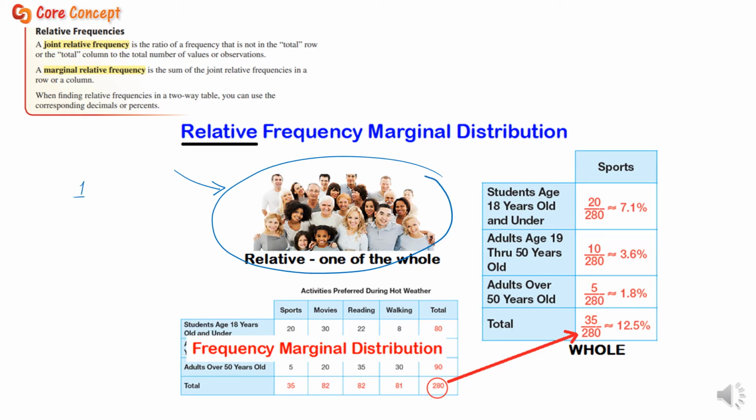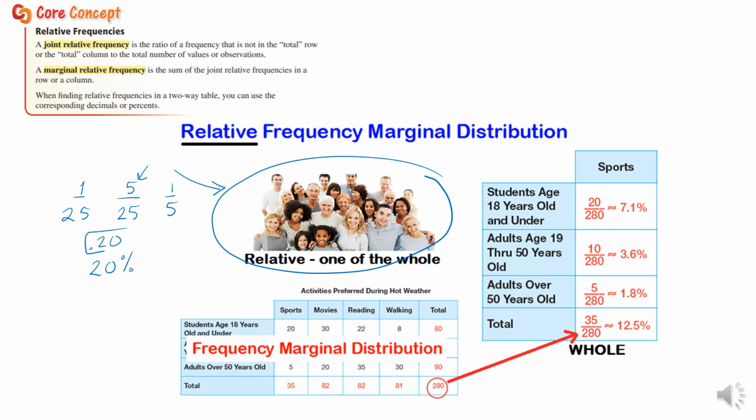We have one relative out of the total of whatever, 25 people. But what if we're talking about your family and you have 5 people in your family? So your family would represent 5 out of the 25, or 1/5 of the family. Okay, you could use a fraction, you could use a decimal, or you could use a percent.